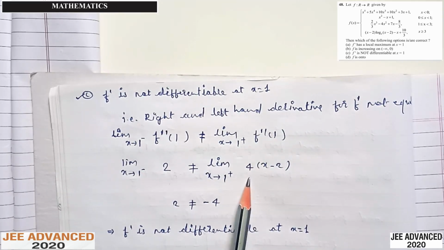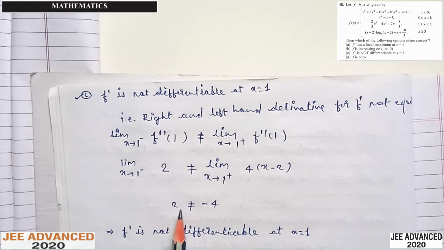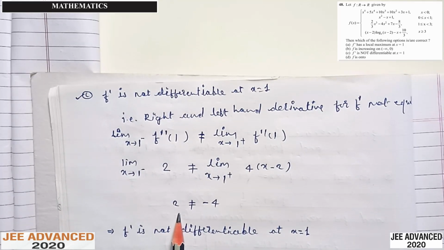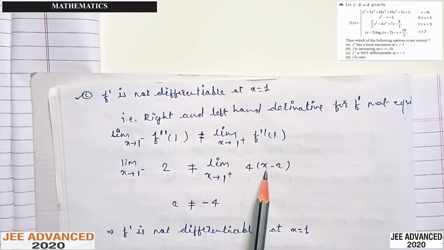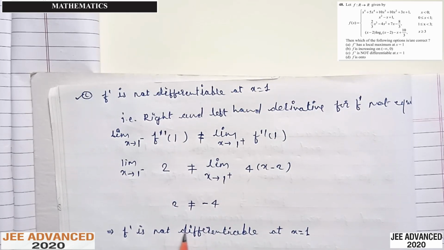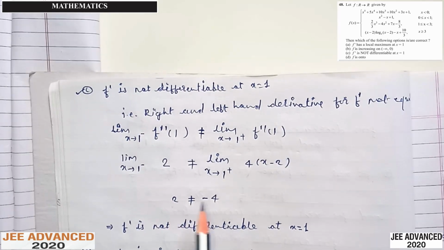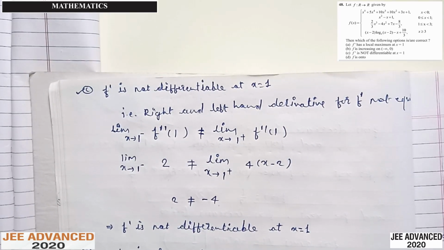Now put x as 1 here, so limit x tends to 1, the 2 will remain the same because it is a constant quantity. And again applying 1, it is 2 minus 1, which is 1, into minus 1 into 4, which is negative 4. So f dash is not differentiable at x equal to 1, because the left hand differentiation and right hand differentiation vary over here. They are not equal, and if they are not equal, our function is not differentiable.